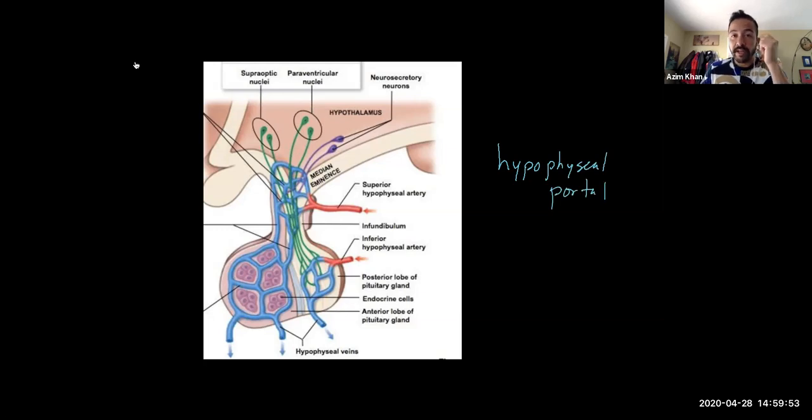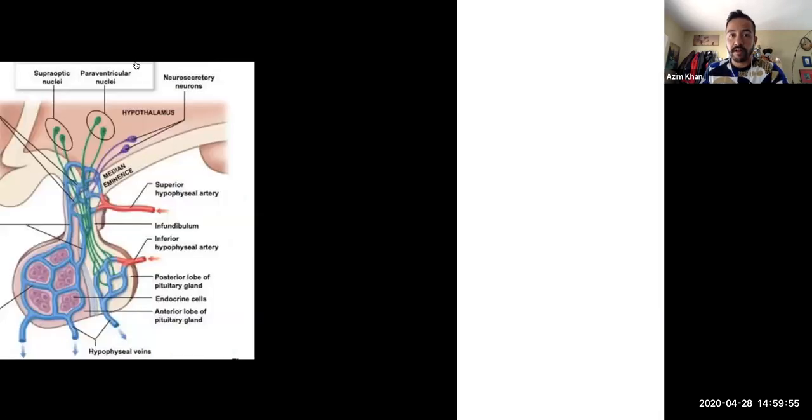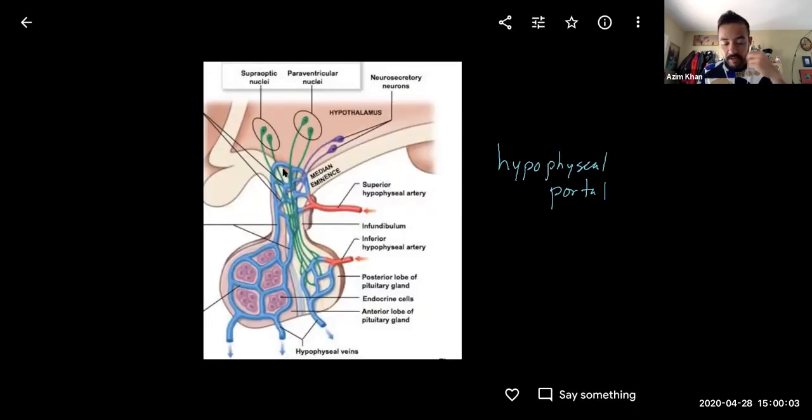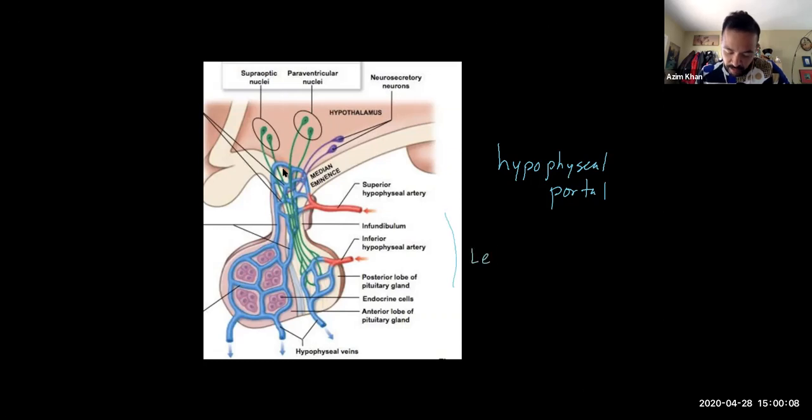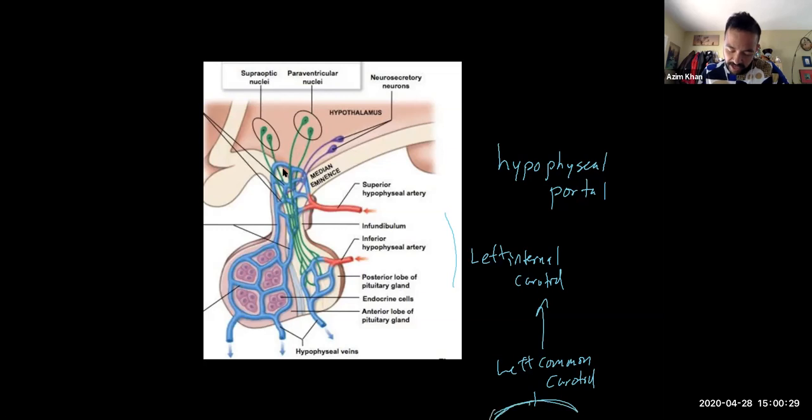So coming up from the internal carotid, so let's say it doesn't really matter which side, let's say left internal carotid, which came from the left common carotid, which branches off of the aortic arch.